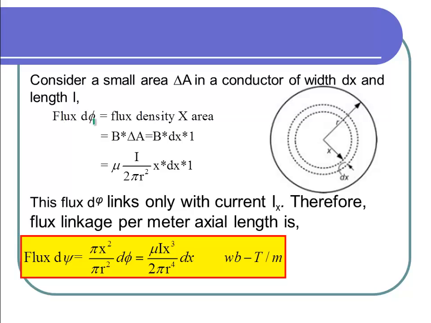What is the flux linkage on the considered smaller circular path? d phi is equal to flux density into the area of the circular path.